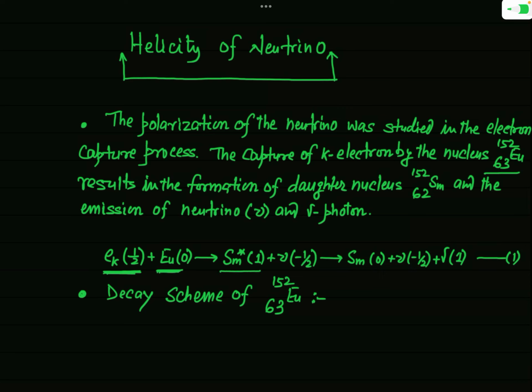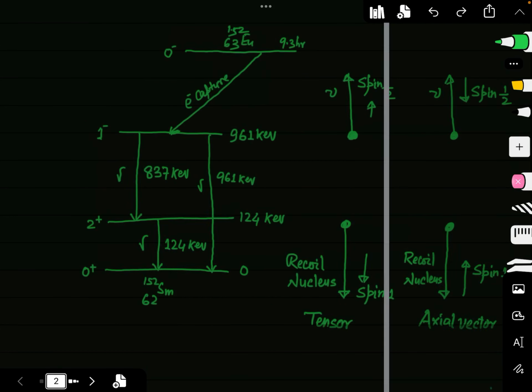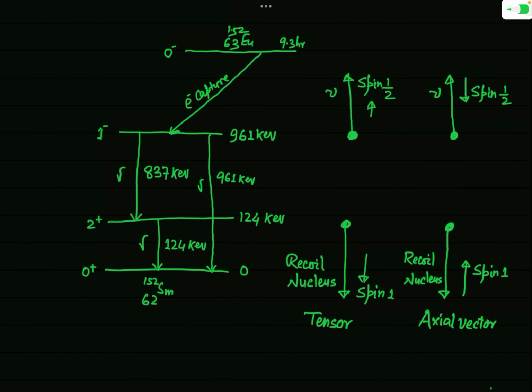And this excited state, you can see in this figure. This is the second excited state of this nucleus Sm 152, and it is 961 kiloelectron volt above its ground state. This is its ground state, and this second excited state of Sm 152 is 961 kiloelectron volt above it.